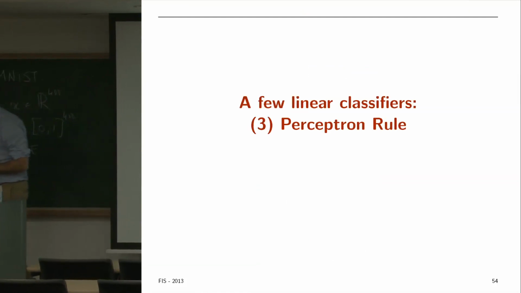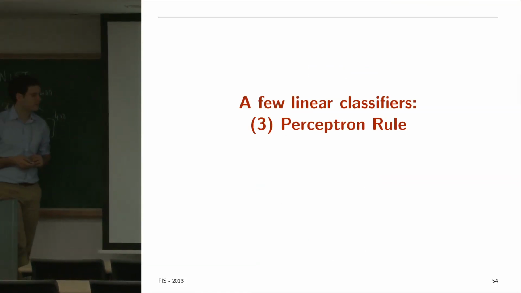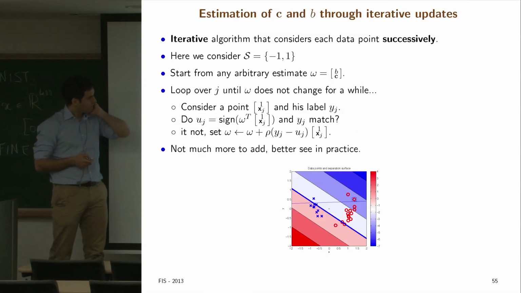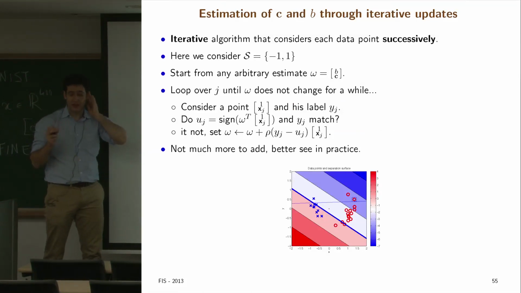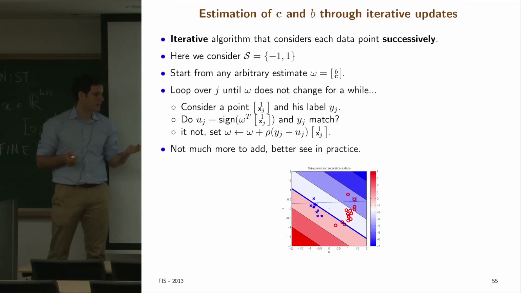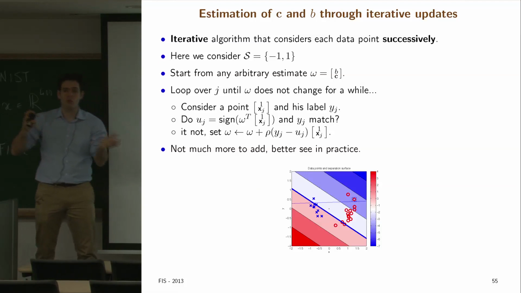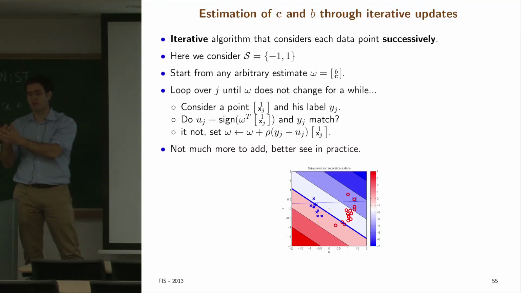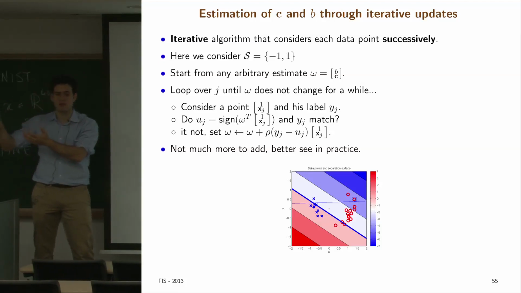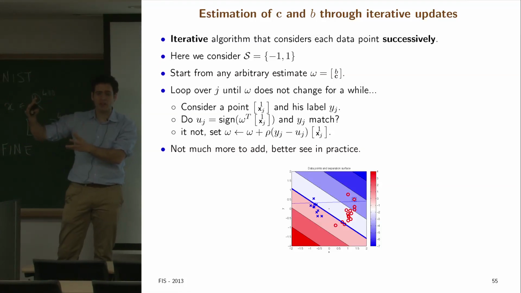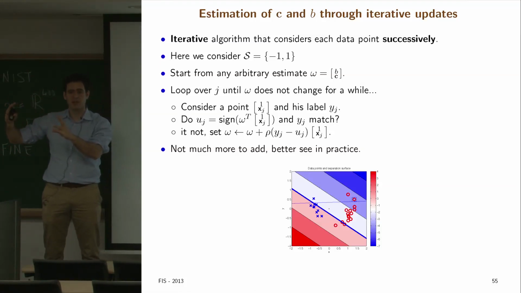So let me now go very quickly through the perceptron rule. This is a very important distinction that I would like to make. In linear regression, in LDA, or in logistic regression, we have used all of the data to form one criterion, maybe the likelihood or the least squares criterion, etc. And we used all the data at the same time to find good parameters.